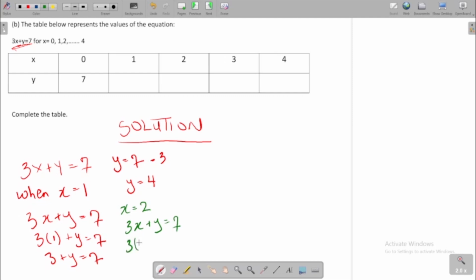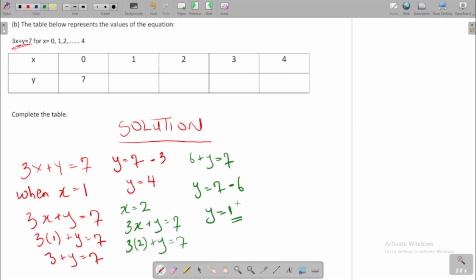That is your value you have, plus y is equal to 7. 3 times 2 is equal to 6. So you have 6 plus y is equal to 7. Take 6 to the other side. You have y is equal to 7 minus 6. So your y is equal to positive 1.